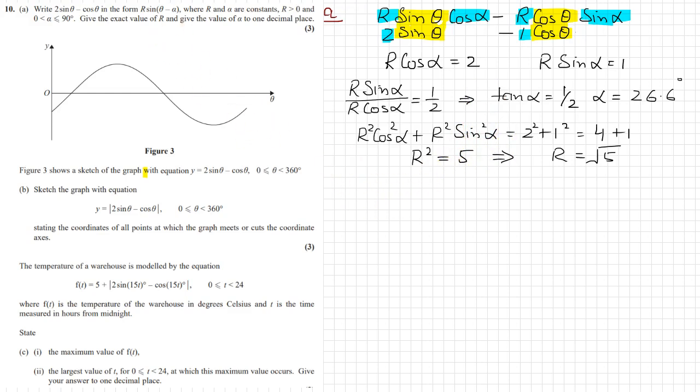So now 2 sin theta minus cos theta can be written as root 5 sin of theta minus 26.6. So it is equivalent to this. This is the first part. Now part B.